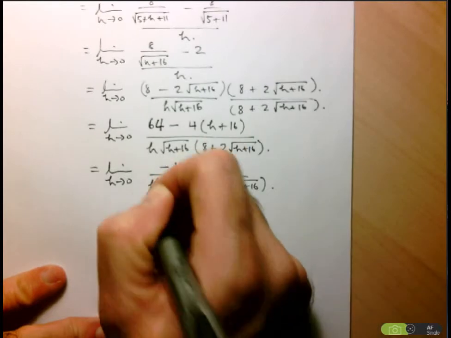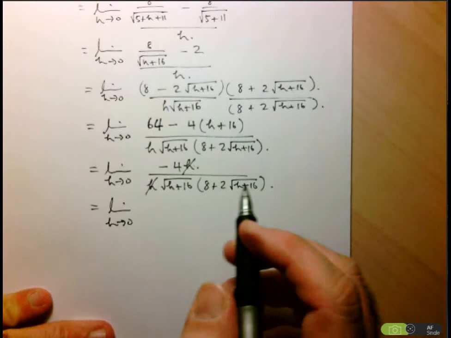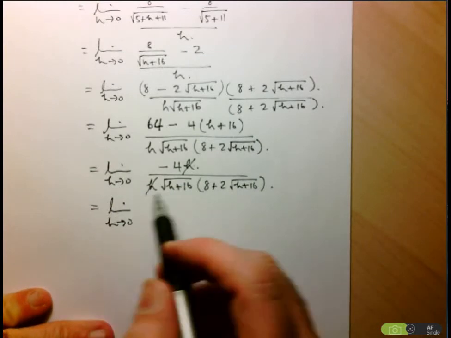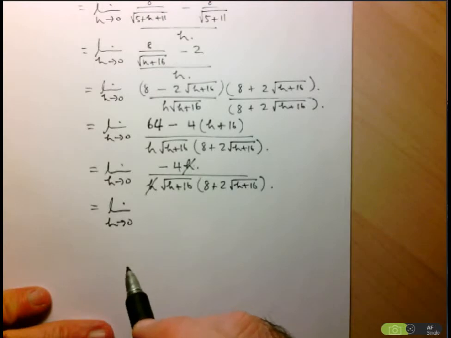So I get what I need, because at this point, as h approaches 0, the denominator no longer approaches 0.